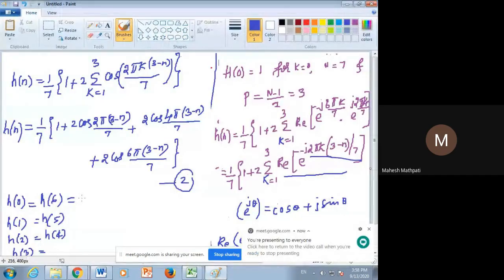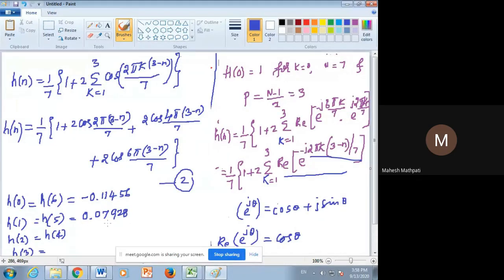I am just giving you these values, just cross check. It is minus 0.11456 is the first value. The second value is 0.07928.